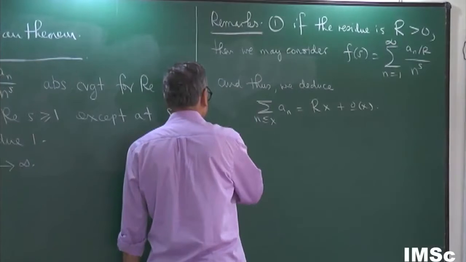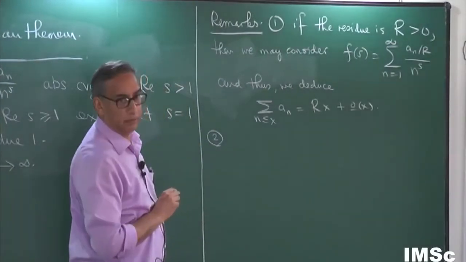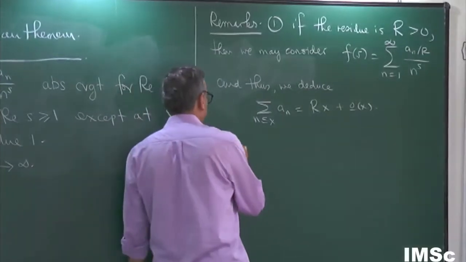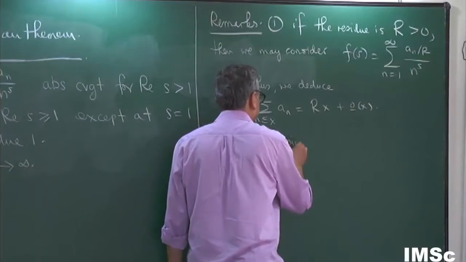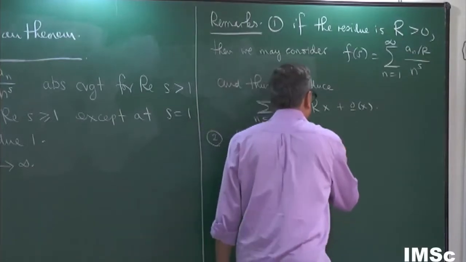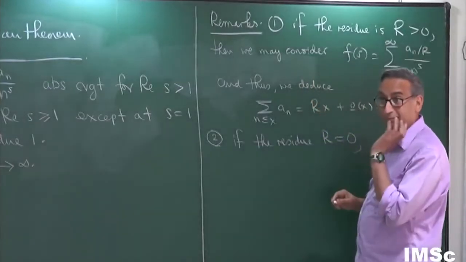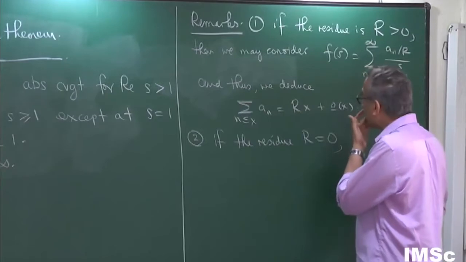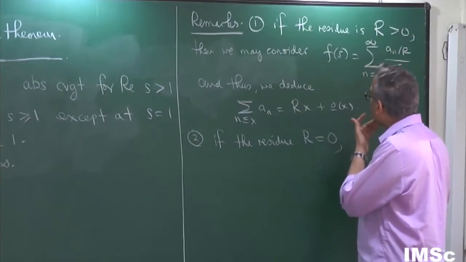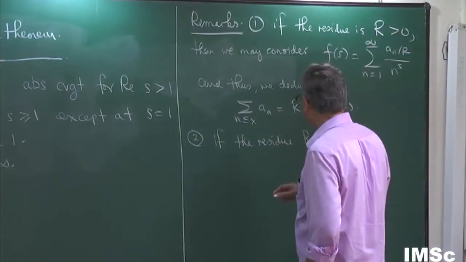Second, what happens if the residue is 0? If the residue is 0, that means there's no pole, but let's see if this works.